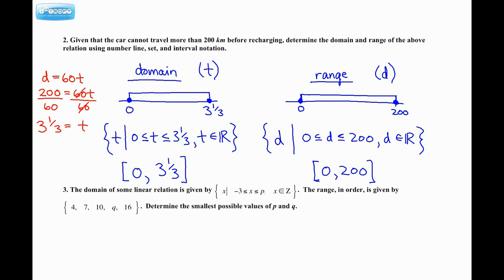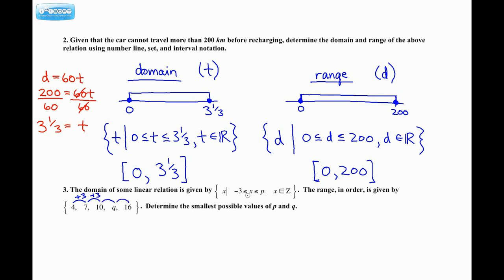Well, I would argue it's actually easiest to determine q first. Okay, we're told that they're in order, so this is an increase of 3. Okay, that's an increase of 3. And we're told it's linear. Right?